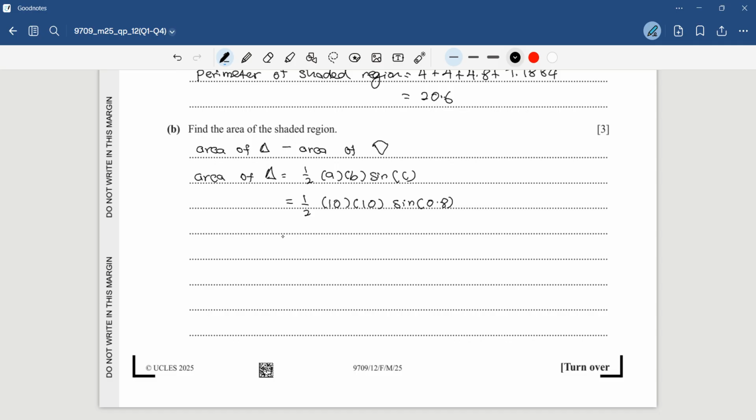Okay, so I got 35.8678. And the area of sector will be 1 over 2 r squared theta, which will be 14.4.